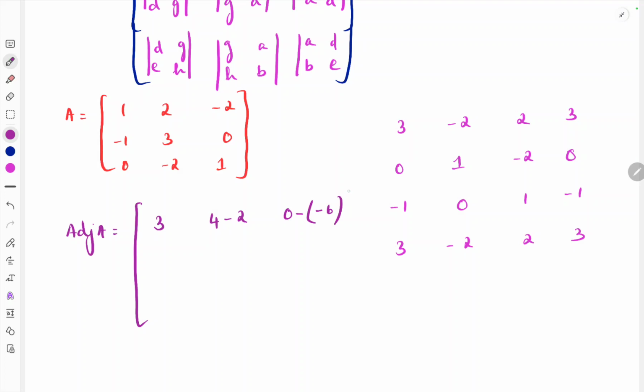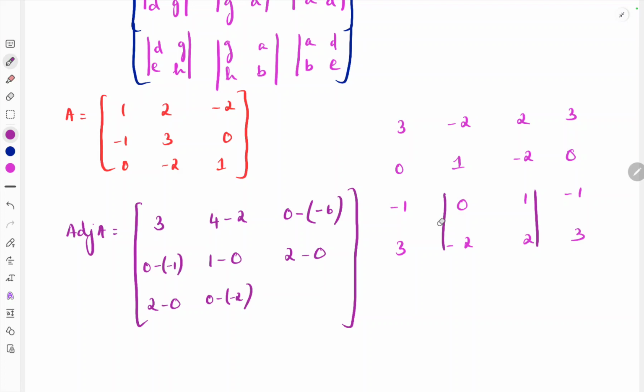So 0 minus of minus 6. Next this determinant we have to find. So 0 minus of minus 1. Next this determinant. So 1 minus 0. Next this determinant. So minus 2 into minus 1 is 2, minus 0. Next this determinant. So minus 1 into minus 2 is just 2. So 2 minus 0. Next this determinant. So 0 into 2 is 0. 0 minus of minus 2. Next this determinant. So 3 minus of minus 2.